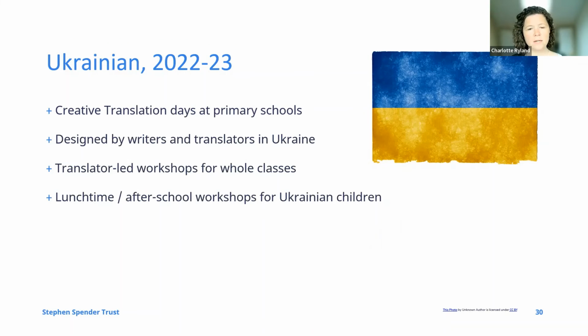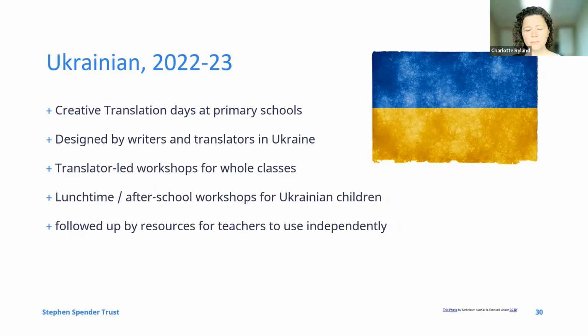Then in the lunchtime or after school, they may run a workshop for the Ukrainian children who are in that school, so you can have a slightly different focus where you do more work with the language, followed up by resources for teachers to use independently, as I've discussed.